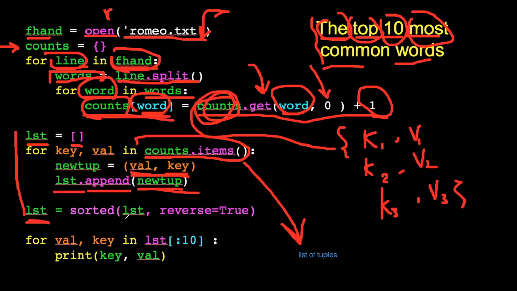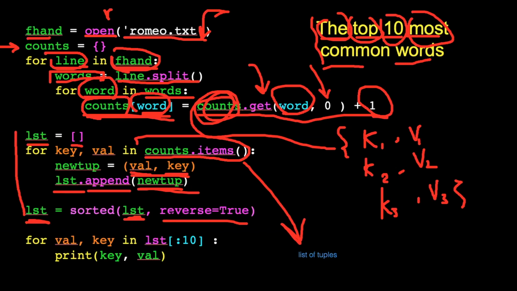And like I said, when you're dealing with tuples, you can sort them. So this entire list of tuples is going to be arranged in a descending fashion. So reverse equals true is descending, descending as in the largest value is going to be the first one.